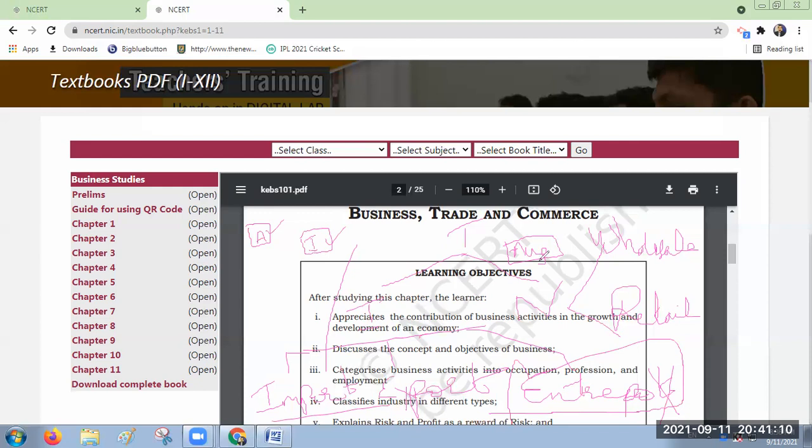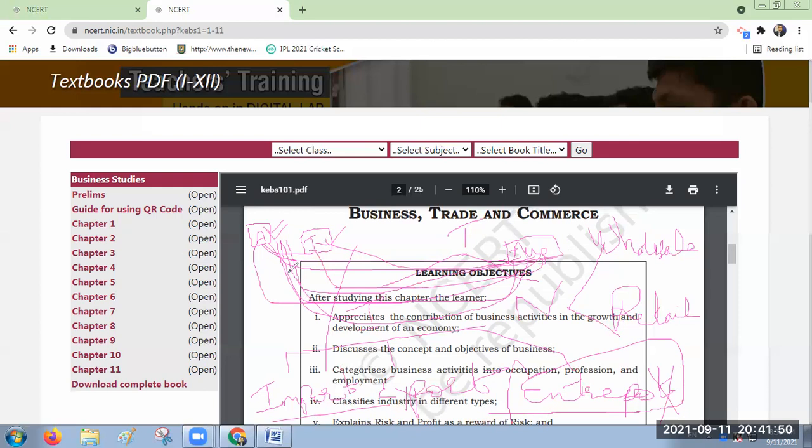Let us take for example, there is a conflict between Australia and America. Australians do not sell anything to Americans, and Americans do not sell anything to Australians. But one important item is produced by Americans, and Australians cannot ask them directly. So they will request Indians, you purchase from America and then sell it to us.